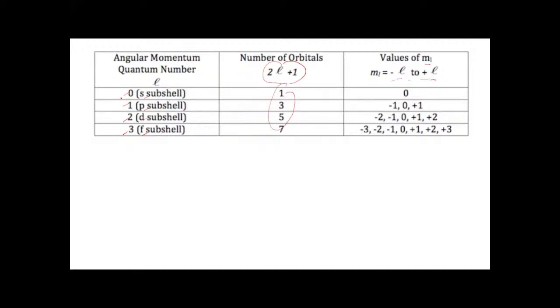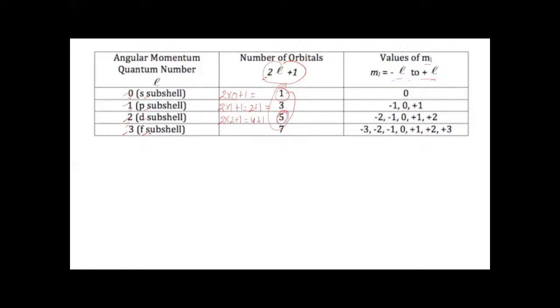If L value is 0, then 2 into 0 plus 1 is equal to 1. If L value is 1, then 2 into 1 plus 1 is equal to 2 plus 1 is equal to 3. If L value is 2, then 2 into 2 plus 1, that is 4 plus 1, its value is 5.